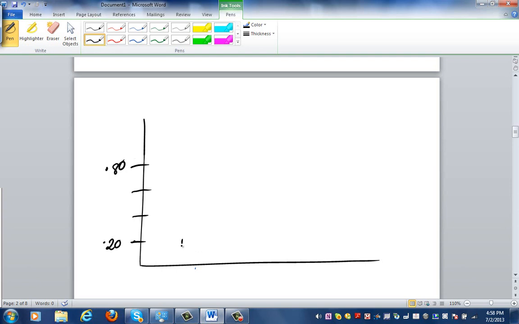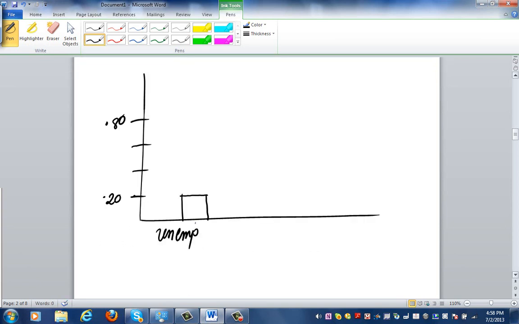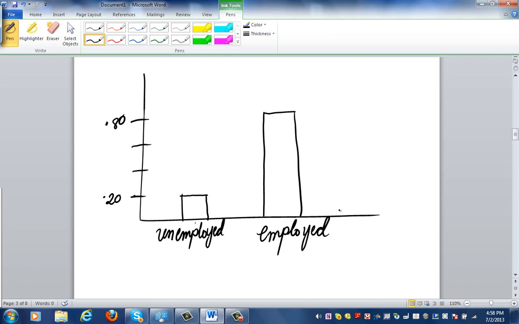And so for the people who are unemployed, for that category, unemployed, and I have another bar for the employed category. So again, here we took the height to be the relative frequencies instead of the frequency.